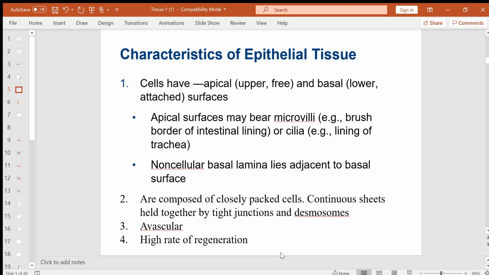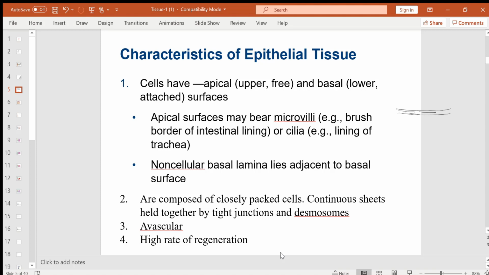Epithelial tissue has some important properties that make it different from the other three types of tissues. We already know that epithelial tissue is supported by underlying connective tissue, right?